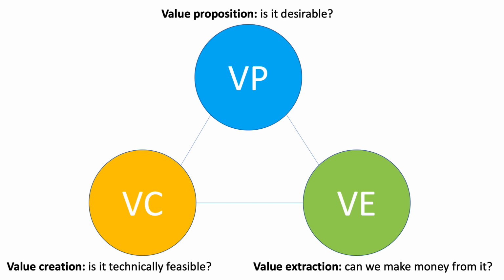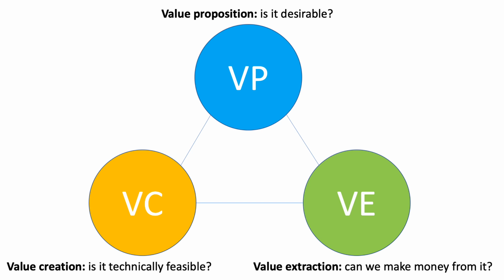So this thing that we have, that we're doing, or perhaps that we're thinking about doing in the future, is this technically feasible? Can we acquire, can we invent, can we design technology that is going to enable us to create this value that we're talking about here?